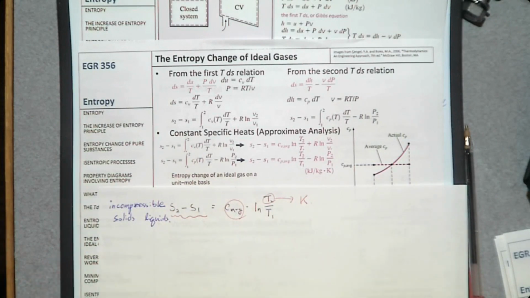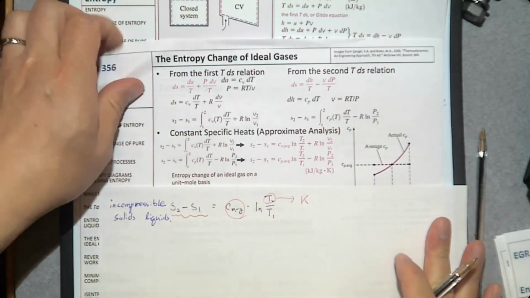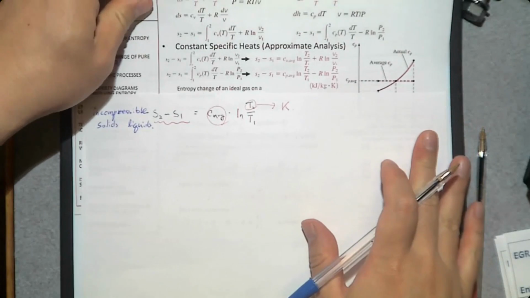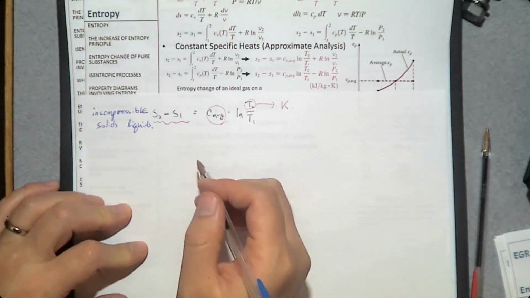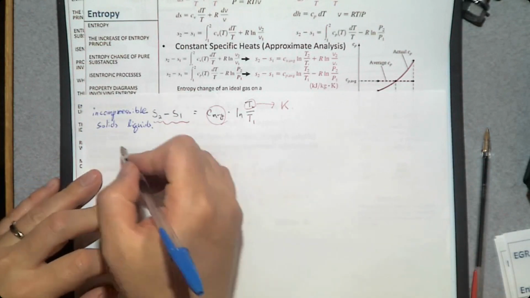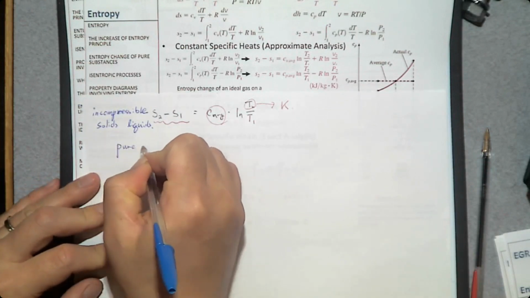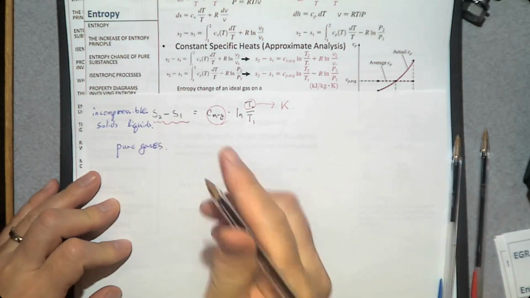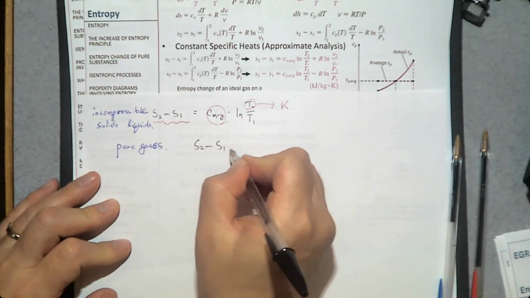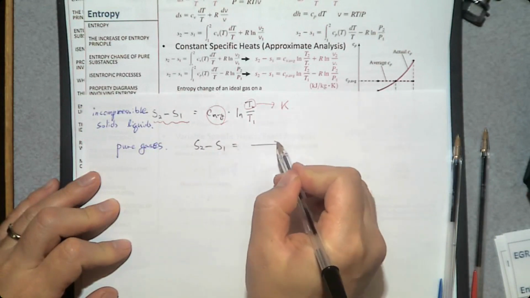But if we have a pure gas, then there are two different ways to evaluate the change in the entropies. So if we have a pure gas, the entropy change S2 minus S1 can be determined in two different ways.